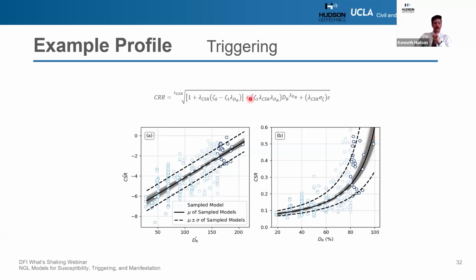That's a function of the CSR, or in this case, we just predict a CRR based on the relative density, which we can relate to either CPT tip resistance or an SPT blow count.